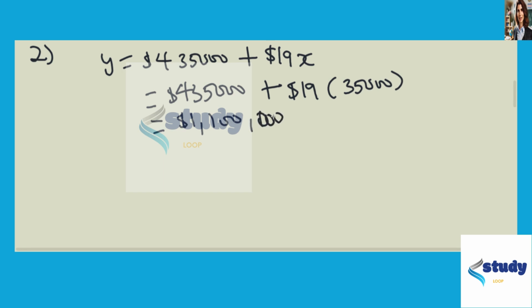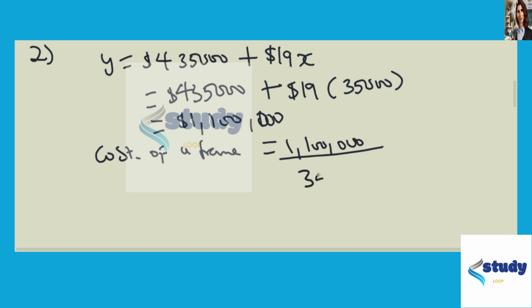The cost of a frame will be 1,100,000 divided by 35,000, and that's going to give you approximately $31.43. So the cost of manufacturing a frame is less than the cost of buying, which is $32.50.